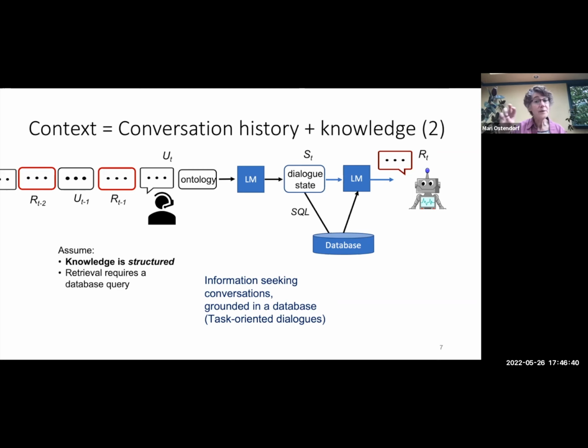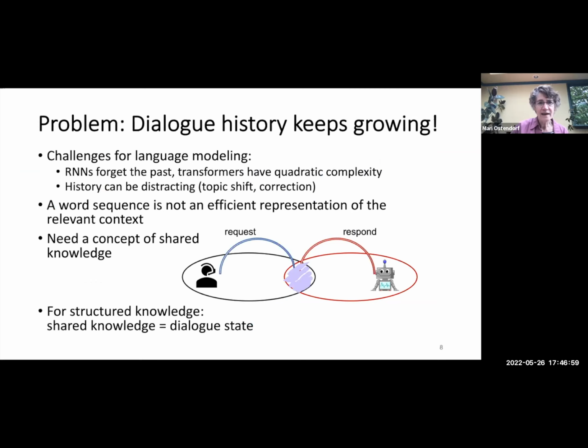One could skip the dialogue state and just generate the response directly, but it turns out that having the dialogue state is actually quite useful when we get into more complicated responses, more complicated tasks.